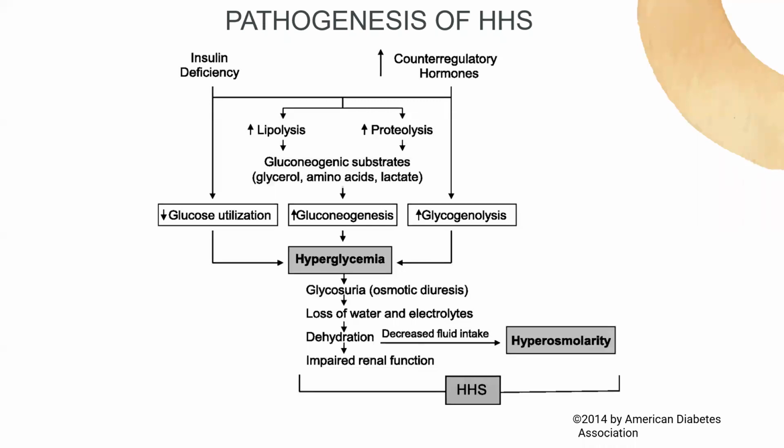Profound dehydration will subsequently lead to impaired renal function, and dehydration will also lead to hyperosmolarity, and these two are the mainstays of the criteria for us to say that the patient is having HHS.